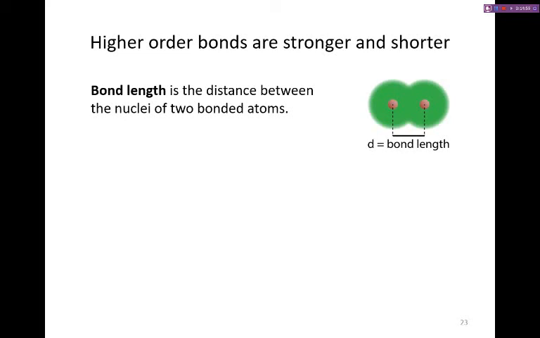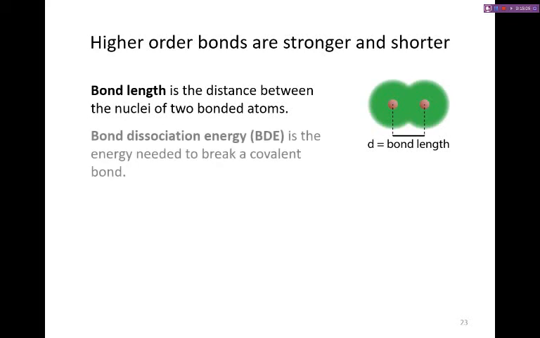We need to understand that there's a relationship between the bond order and the strength and length of a bond. The bond length is the distance between the two nuclei when those elements are bound together. And if we break those bonds, we call that the bond dissociation energy.